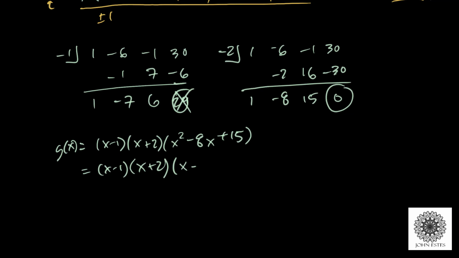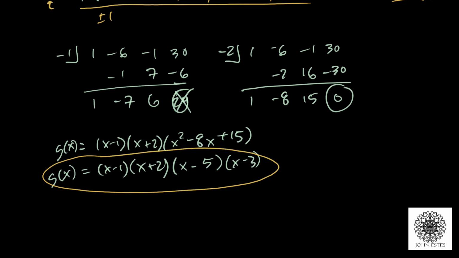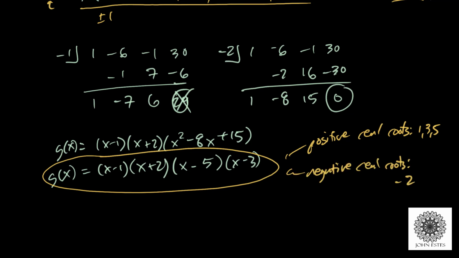How about minus 5 and minus 3? And so there it is. g of x is completely factored. And now also notice the number of positive real roots was 3, because we had 1, 3, and 5. And the negative was negative 2, 1, just like we said with Descartes' rule of signs.